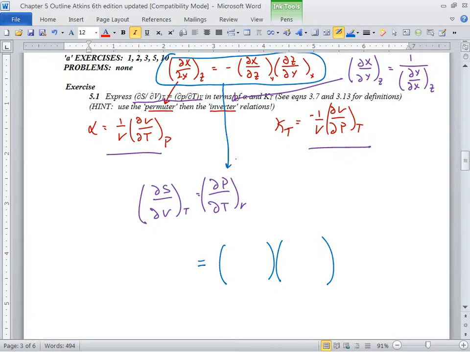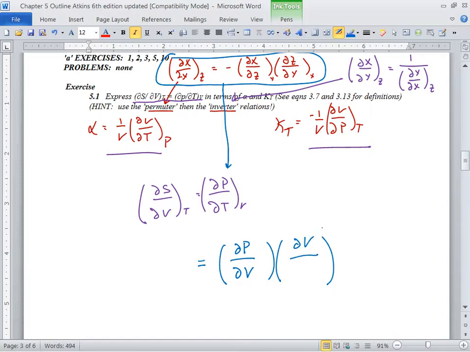Do you recognize it? My x is going to correspond with my p. My y will correspond with my t. So what's the z got to be then? V. So x we said was p. So the partial of p with respect to z, which is v. dv on top.